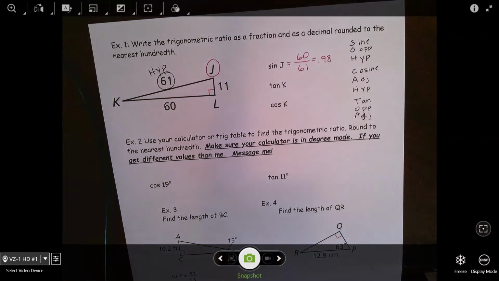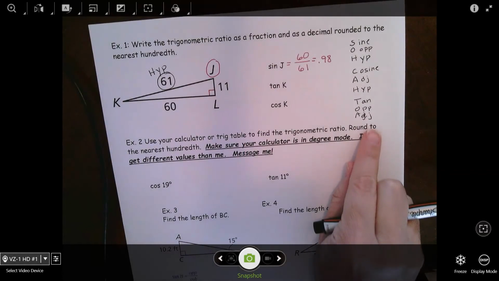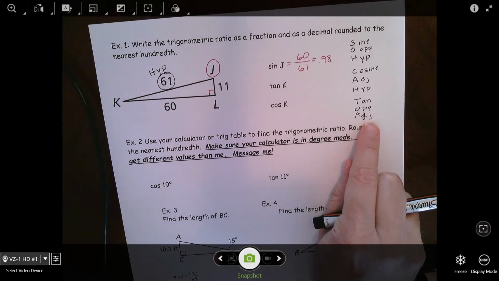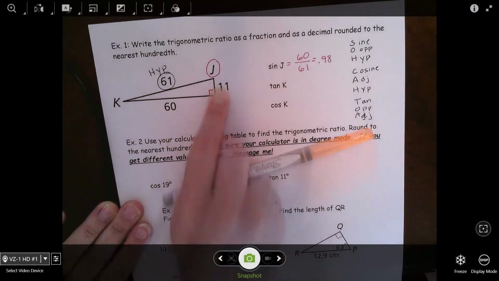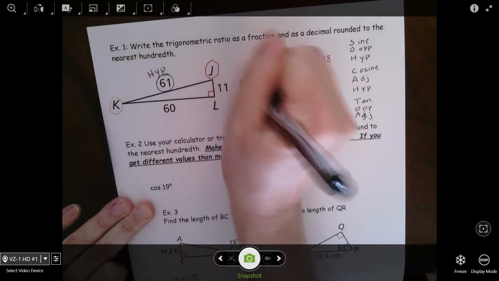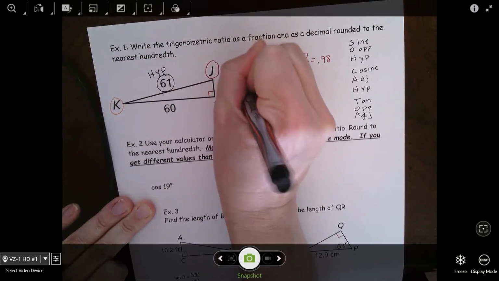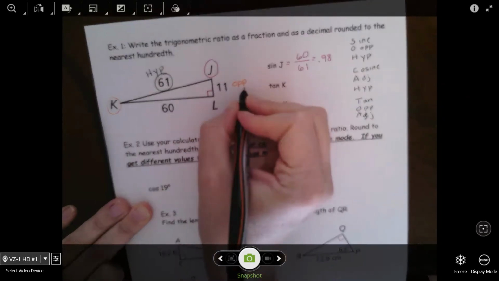So now we're going to do the same thing with angle K. It wants the tangent. The tangent is opposite over adjacent. So for angle K, I'll circle the opposite side, and kind of color code. My opposite side for K, in orange, is across.